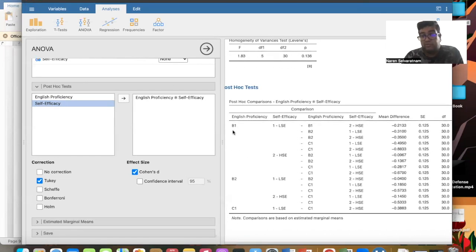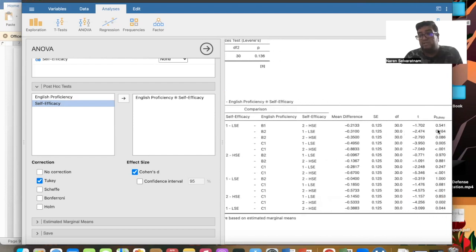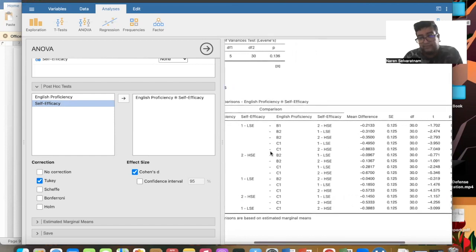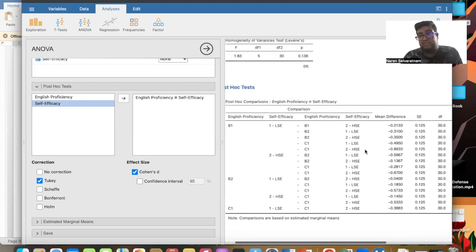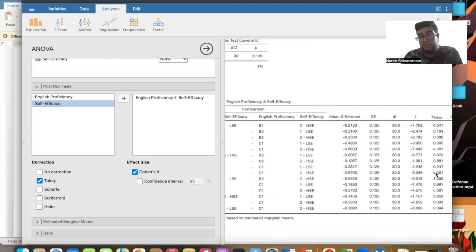Those who have B1 proficiency, low self-efficacy, compared with B2 low self-efficacy, once again, not significant. So I'll rather go with the ones that are significant. This one is significant. That would be B1 low self-efficacy versus C1 higher self-efficacy. Now that is significantly different.